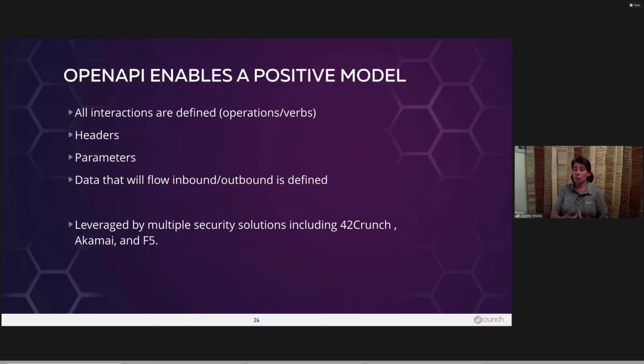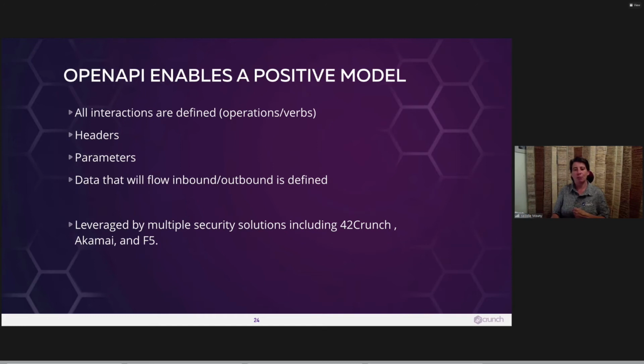So OpenAPI is opening a very interesting window of opportunity from a security standpoint to do things differently than what we've been doing in AppSec for the past 20 years. So we're working on that. So are Akamai and F5, and I'm sure others will copy us on this and start taking advantage of this functionality.